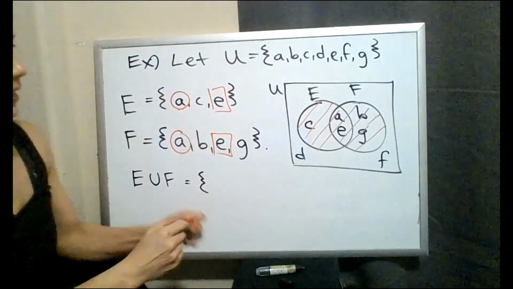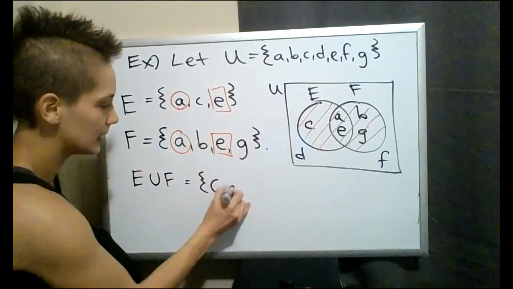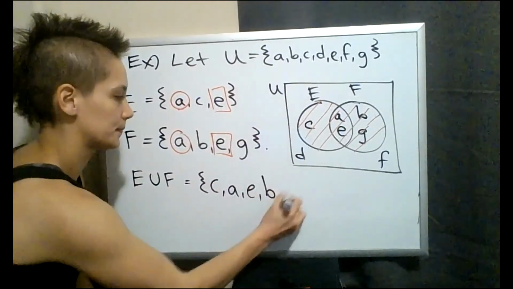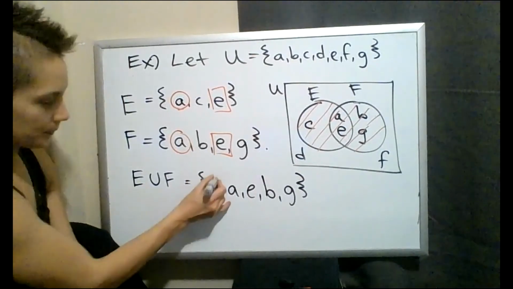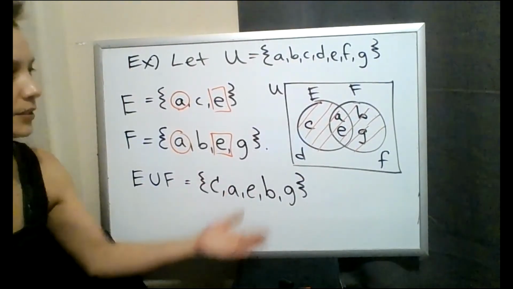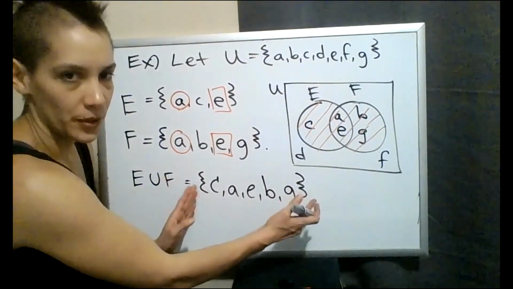List C, A, E, and B, G. And close that. So it doesn't need to be in alphabetical order, and you don't want to repeat any elements, and you need them inside of curly brackets.